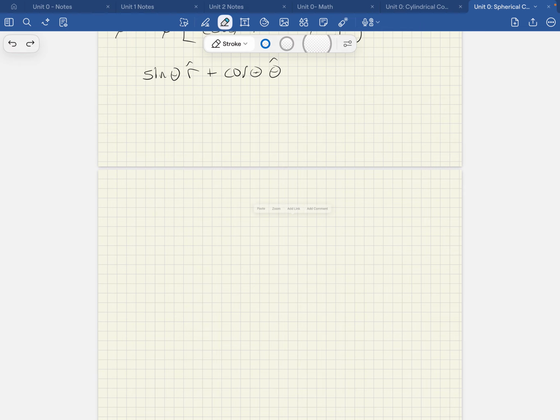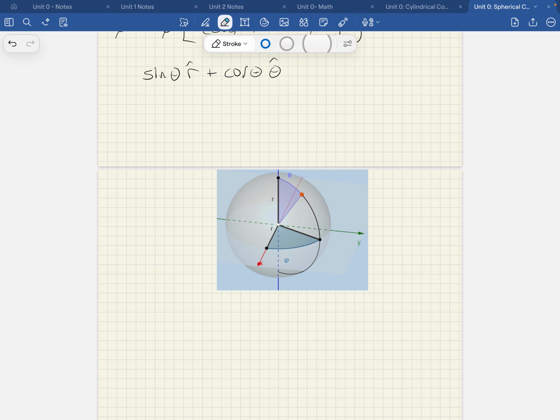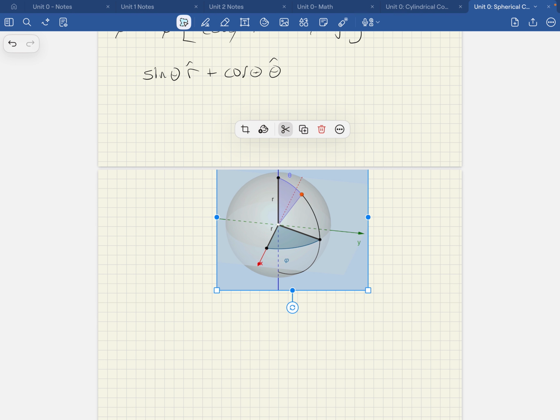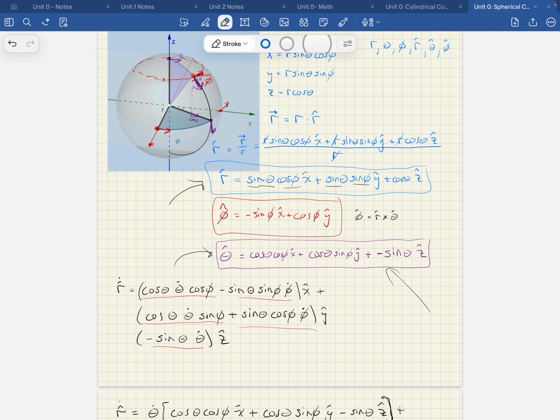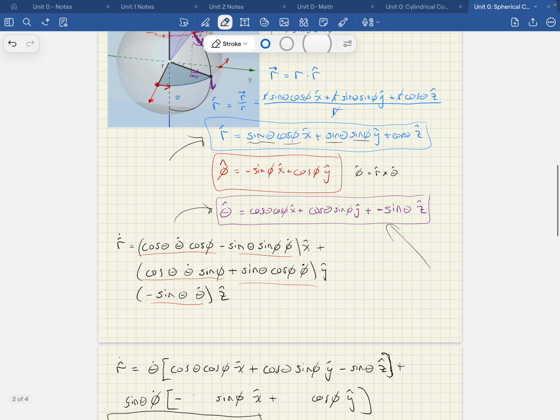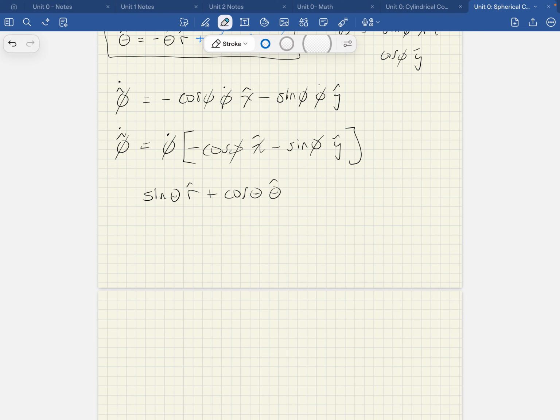Okay, paste, nope. Oh, fine, I'll just rewrite it. Okay, let's rewrite r hat and theta hat.